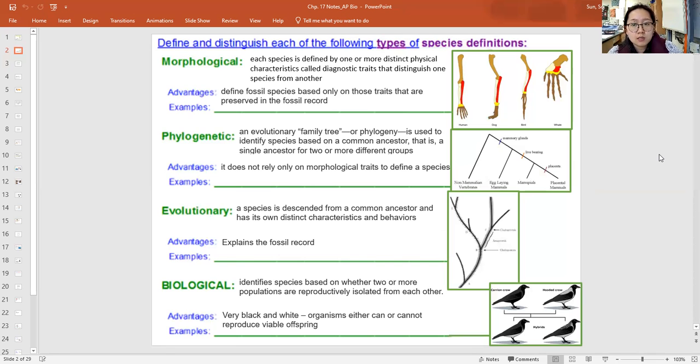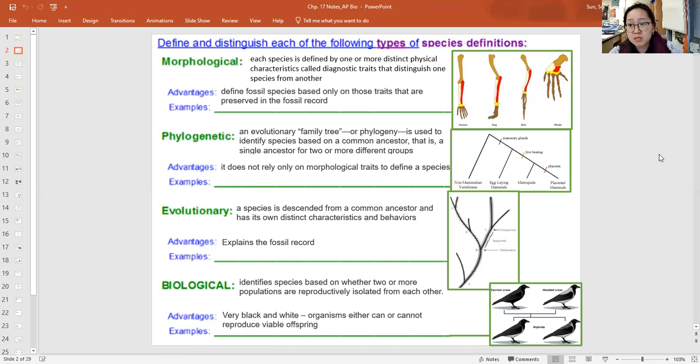And the last species definition we're going to go through is the biological concept, which says that we can identify species based on whether 2 or more populations are reproductively isolated from each other. If they are reproductively isolated, it means that they cannot have viable offspring together. So maybe they can have a baby, but the baby can't have more babies.